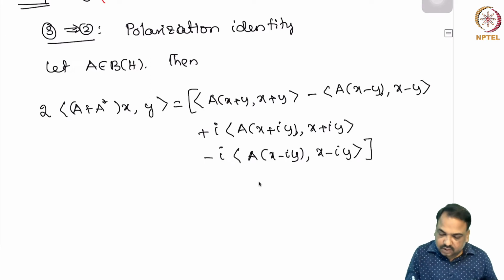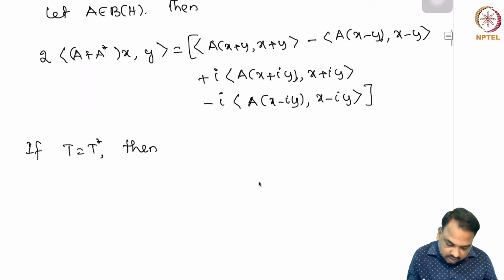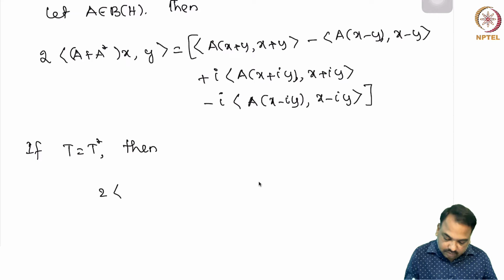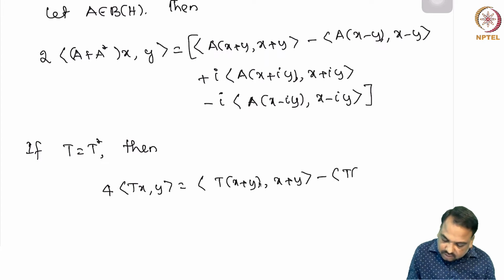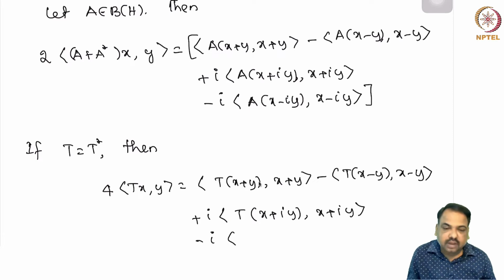This is a computation. Now in particular, if T equals T star in our case, then the left hand side, 2 times 2T, that is 4 times the inner product of Tx with y, is the inner product of T(x plus y) with (x plus y) minus the inner product of T(x minus y) with (x minus y), plus i times the inner product of T(x plus iy), minus i times the inner product of T(x minus iy).